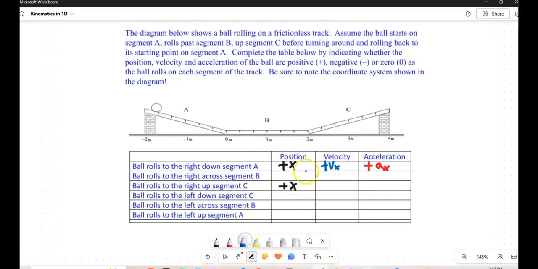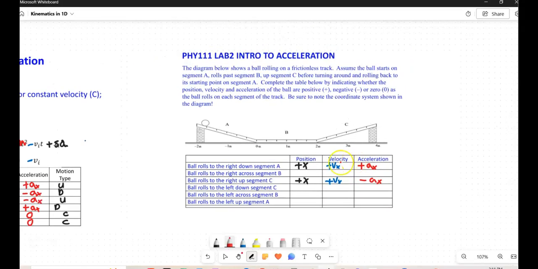And you're still moving to the right as you're rolling up that ramp, but you're going to be slowing down as you're rolling up that ramp. That means your acceleration vector has to be negative. It's subtracting from your velocity vector and making it smaller over time. So go ahead and try this tutorial out and see how you do.